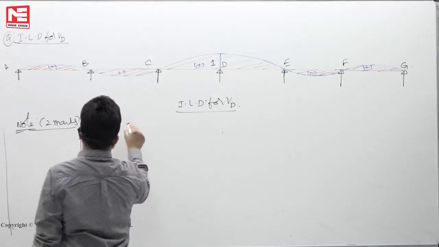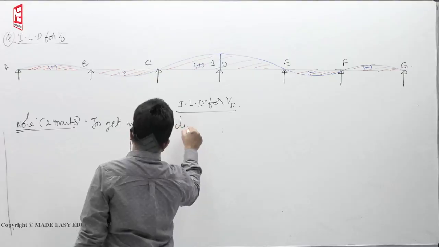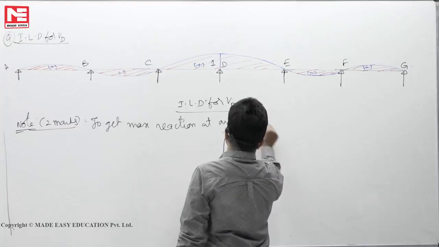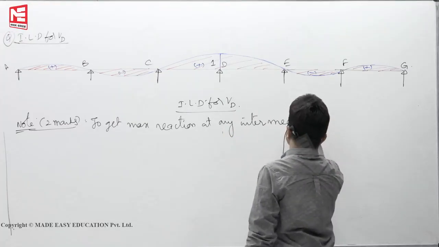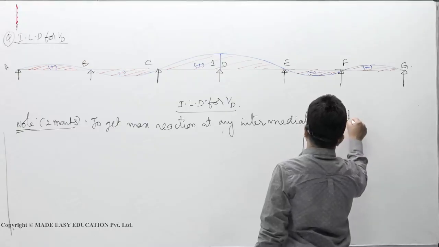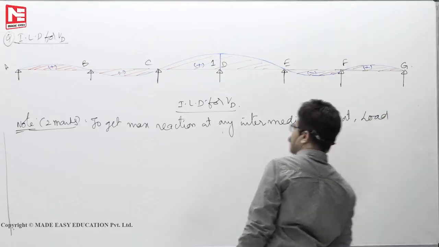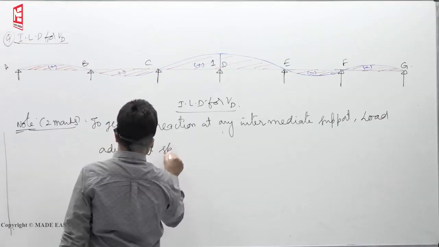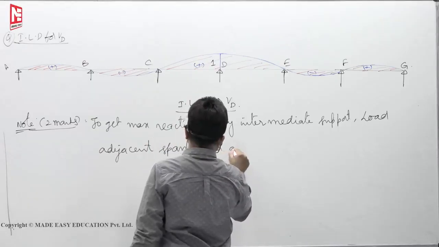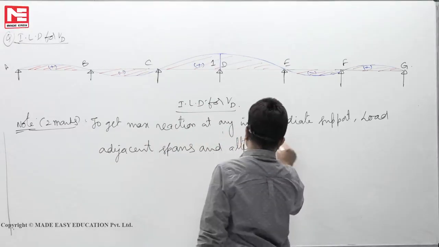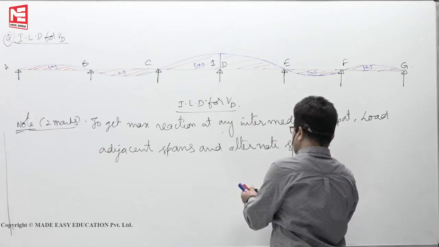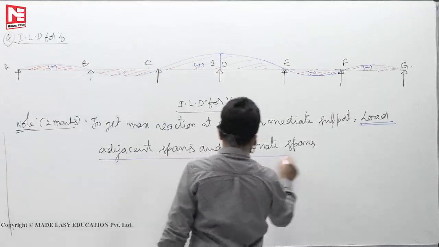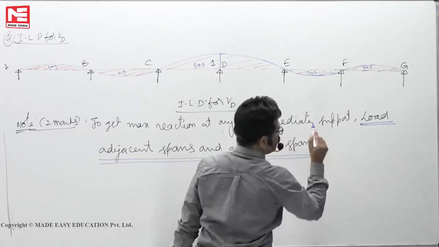To get maximum reaction at any intermediate support, load adjacent spans and alternate spans. 4 options they give you, one of the options is this one, load adjacent spans and alternate spans, like that.